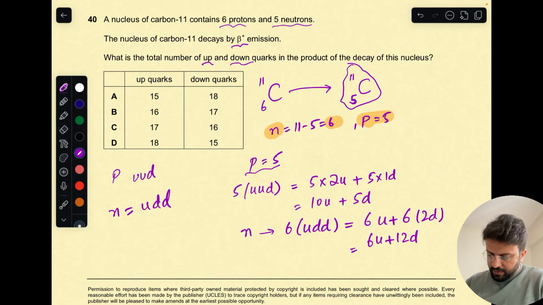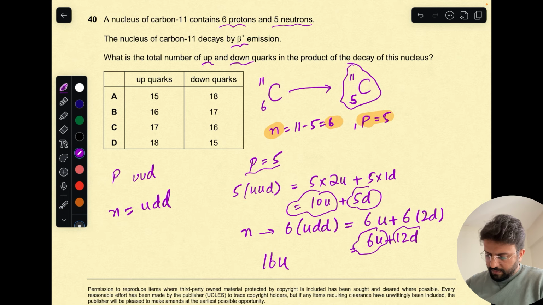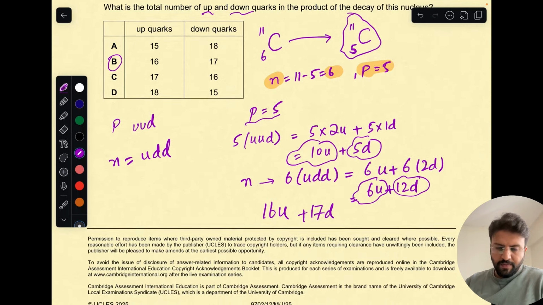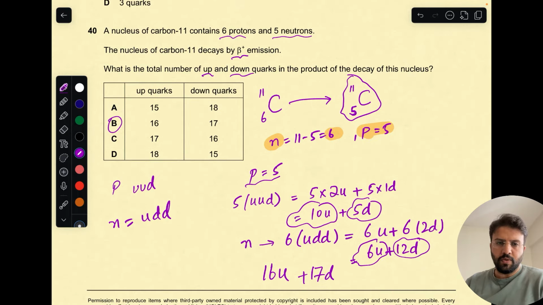So 10 U's here and 6 U's here, total 16 U's, and 5D plus 12D makes 17 D's. So 16 and 17, option B is correct. If you have any question or query, you can ask me in the comments. Thank you.